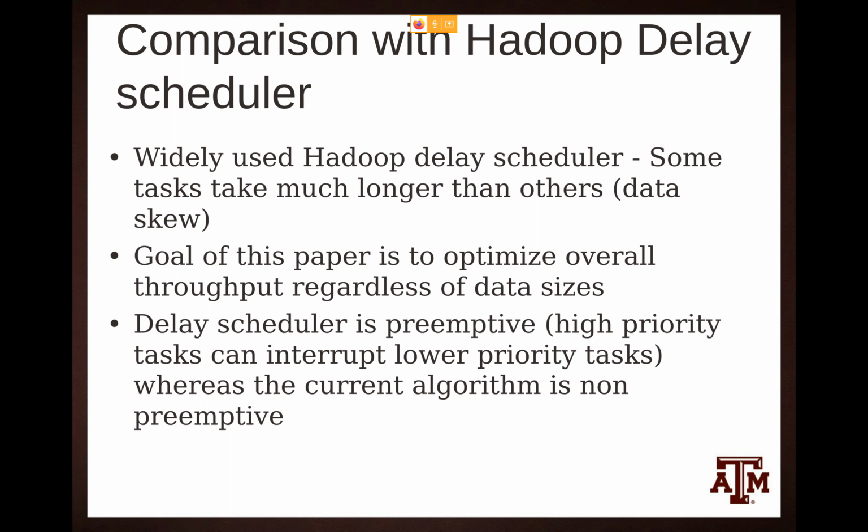But the goal of this paper is just to increase the throughput, irrespective of any other constraint or limitation. The paper does a good job in that aspect, but it doesn't take into account things like data size. For example, in the Hadoop delay scheduler, if a task takes more time than any other task, that's called data skew in data center terminology.